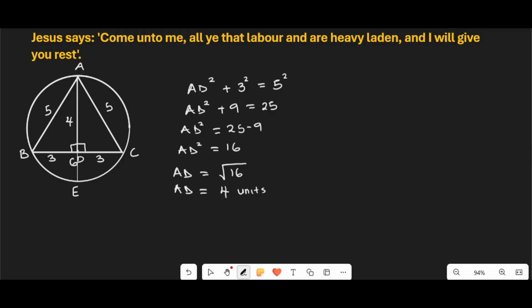So we can say the center of the circle falls on a point on this line. Let us say this is the point.